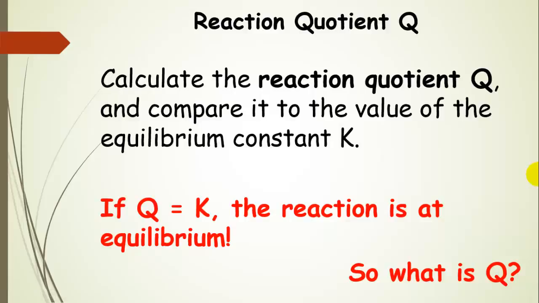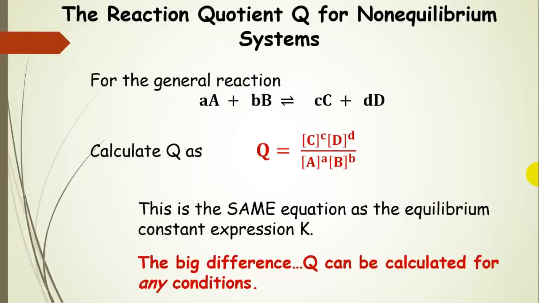So the big question is, how do we calculate Q? And it turns out that that's actually really easy. The reason it's easy is that we're going to use the same equation as the equilibrium constant expression.